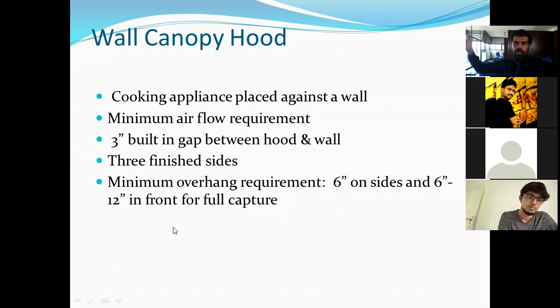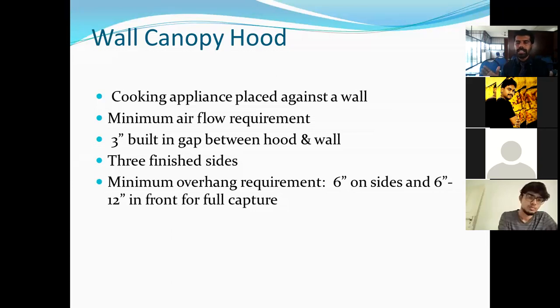So on both the sides, we can give a minimum of 6 inch overhang. When it comes to the front side, we can give 6 to 12 inch. Understood? So mainly you can directly get the length and the width of the kitchen hood if you are using this overhang method.